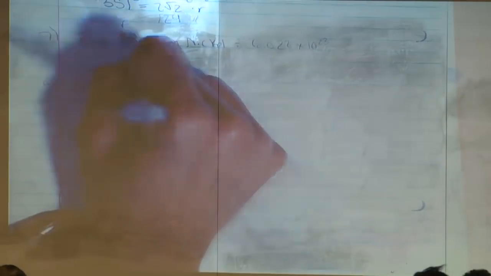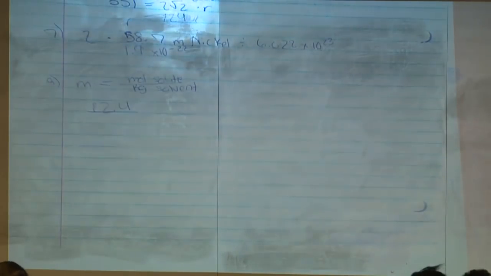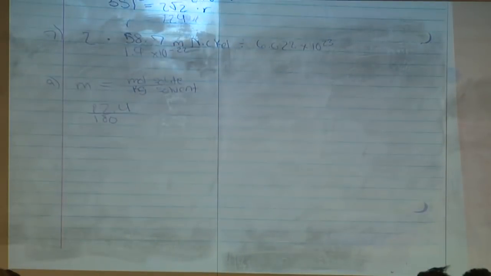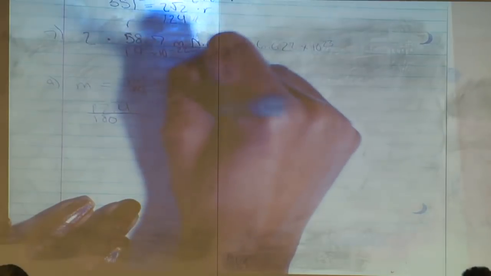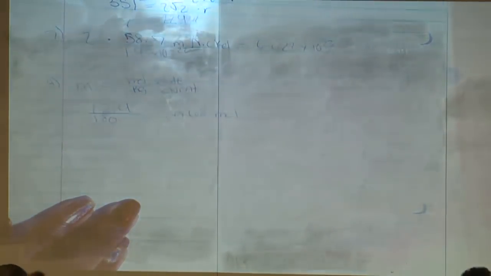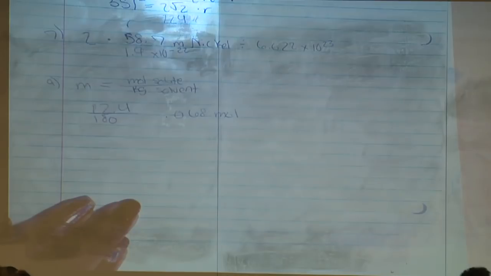The mass is 22.4, divided by the molar mass of glucose, which is, I believe, 180. So we get 0.068 for the moles of glucose, and now we're going to find the kilograms of the solvent, which is water.